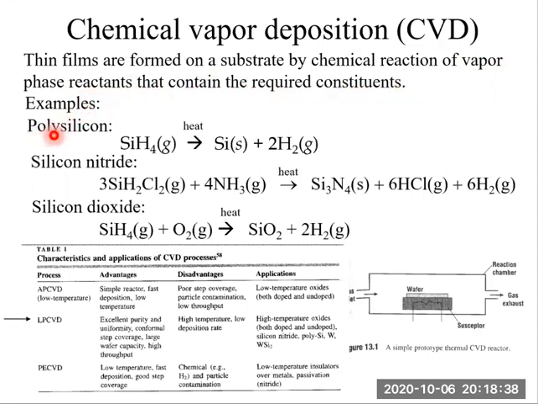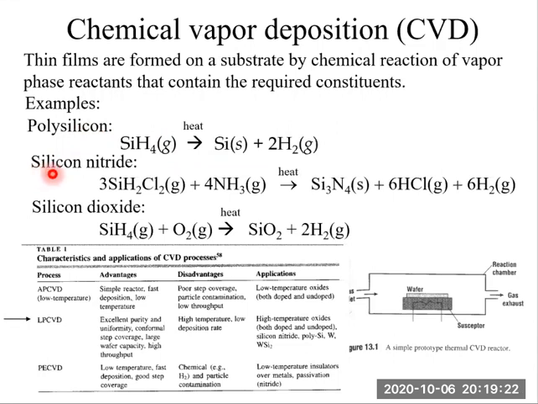Examples: the first example is a polysilicon thin film. Polysilicon thin film can be deposited using silane gas, SiH4. At an elevated temperature, silane can decompose into silicon and hydrogen, and this solid silicon will form polysilicon thin film. So this is the CVD method to deposit polysilicon thin film.